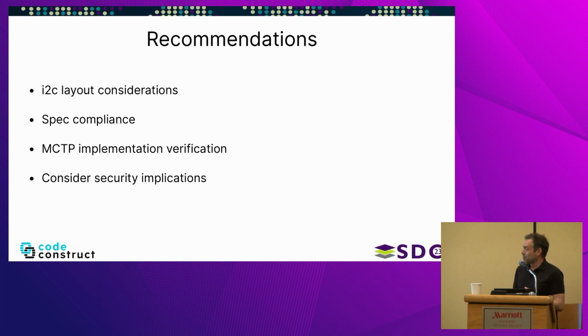Also, the security implications of all this are fairly important. It's possible that we're allowing things like an erase operation over a sideband channel, which the host might not be expecting at any time. So we're going to make sure that when we're architecting the sideband channel in parallel with a host channel that might be on a different trust domain, we're considering what the expectations on both sides of those domains are.